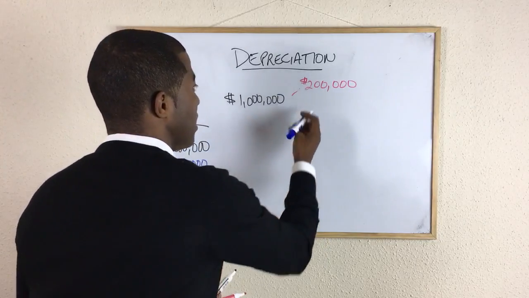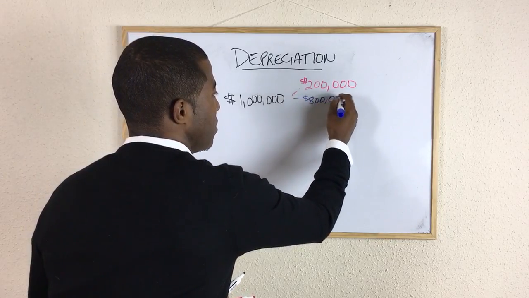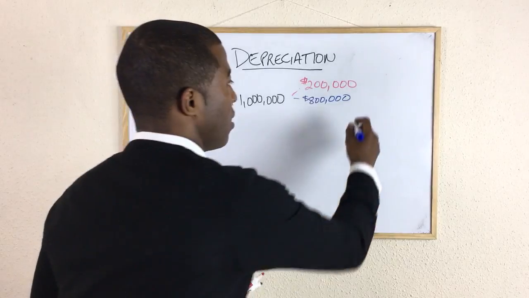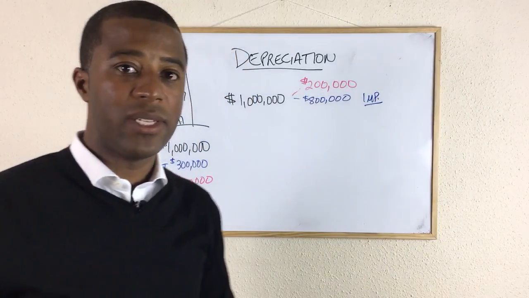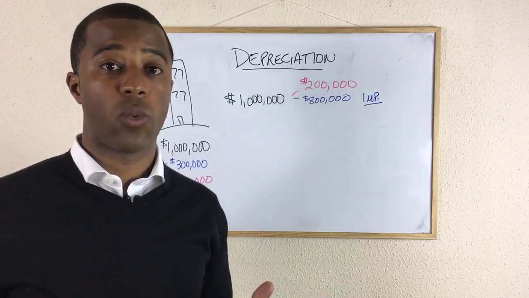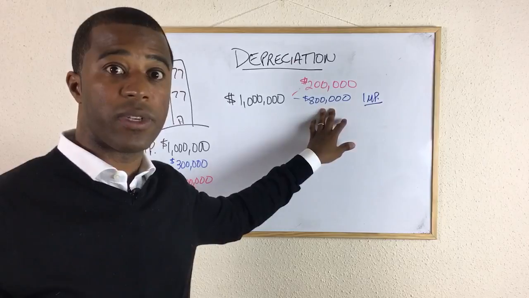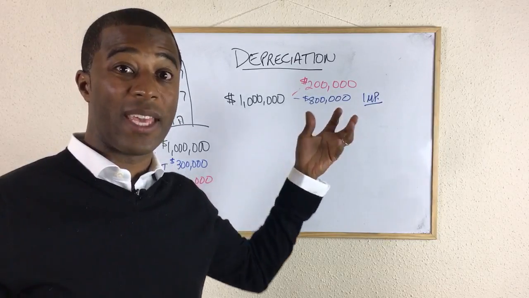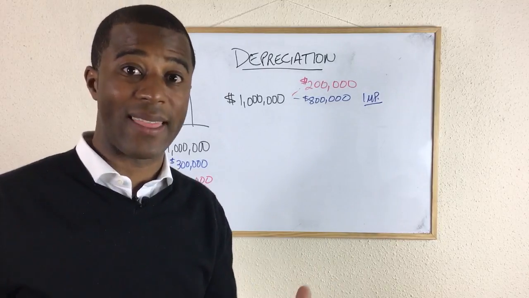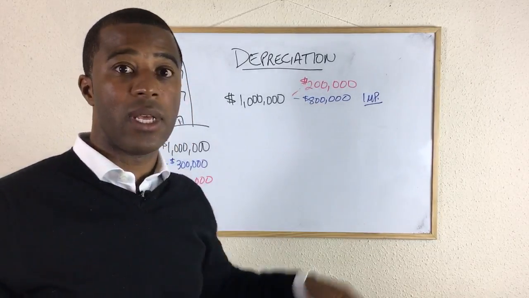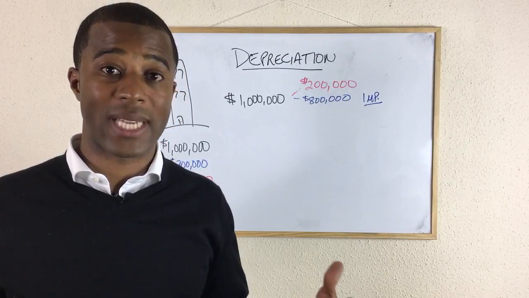And then we're going to say that the other $800,000 is what they call improvements. Based on the way that depreciation works, you can only receive the tax benefit from the improvements, not the land. So the $800,000 is what will be the basis for our depreciation over time.